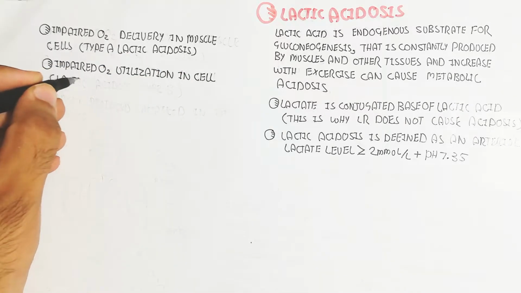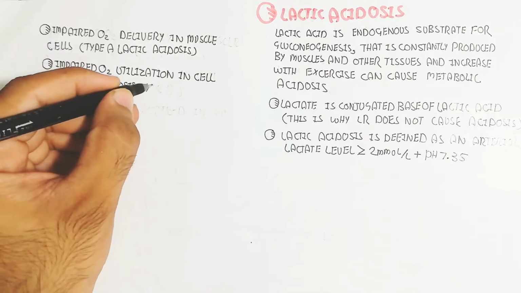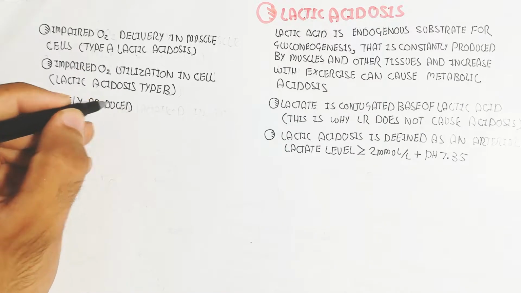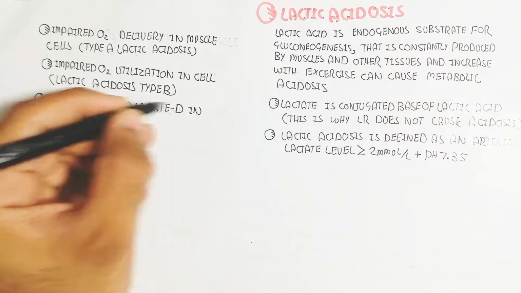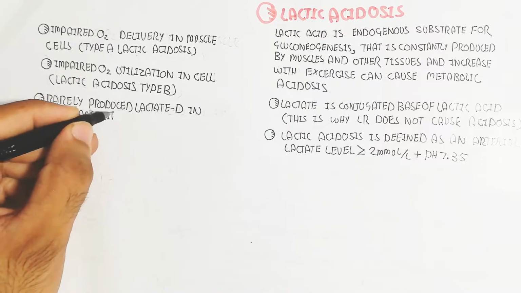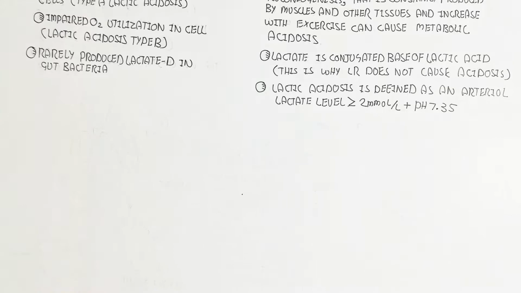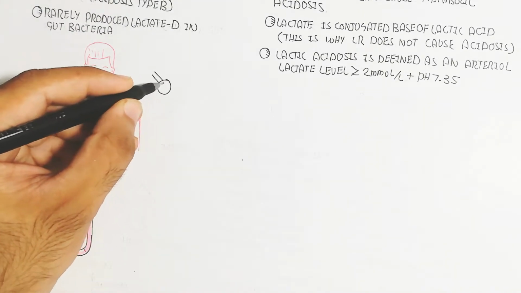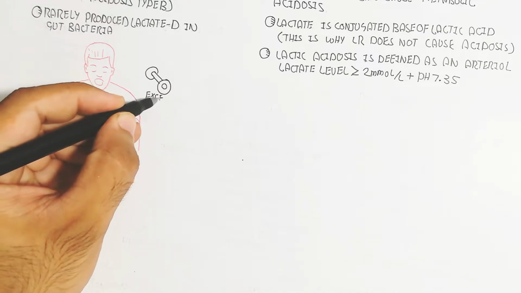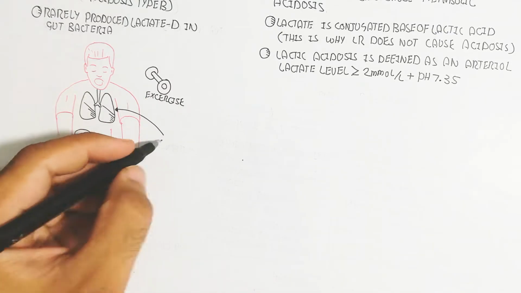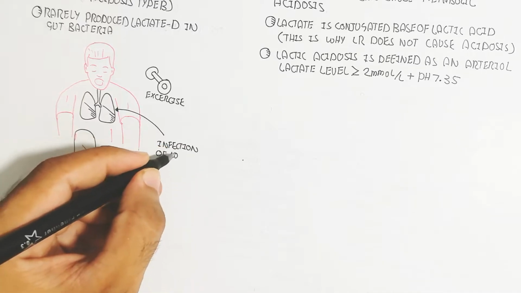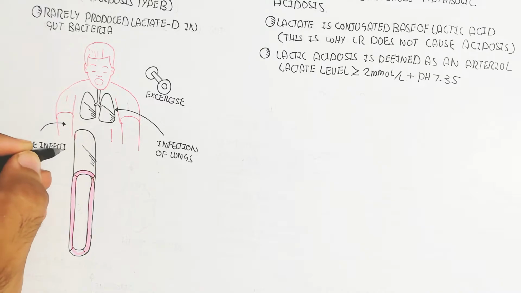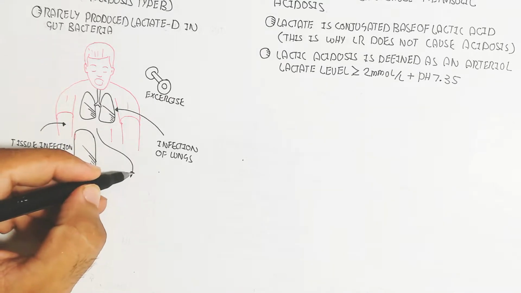On the other hand, impaired oxygen utilization in the cell is lactic acidosis type B, because utilization fails for some reason, and rarely D-lactate is produced by gut bacteria due to overproduction by the bacteria in the microbiota of our gut. So simply, exercise, infection of the lungs, tissue infection, and on the other hand heart failure, will lead to lactic acidosis.